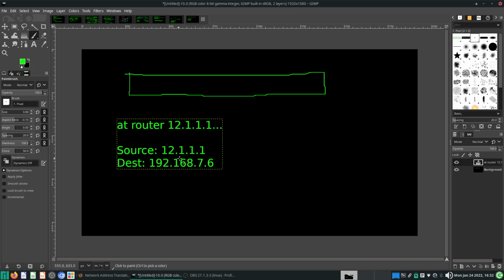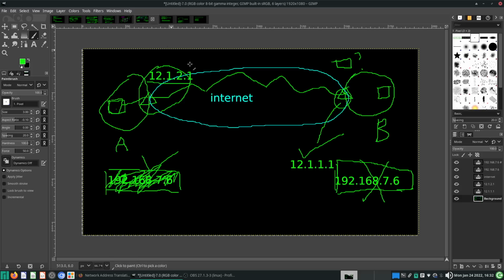So how do we know that the destination IP address is 192.168.7.6 as shown over here? We don't know yet. The way this is done is not through guesswork. There is a specific way that you tell the router here to forward that data to this IP address.